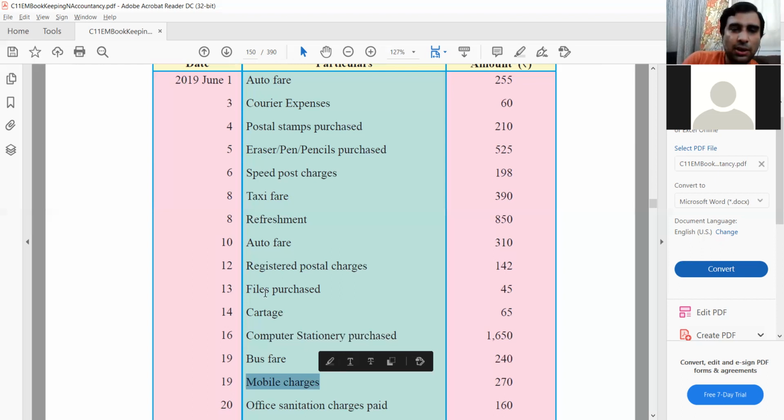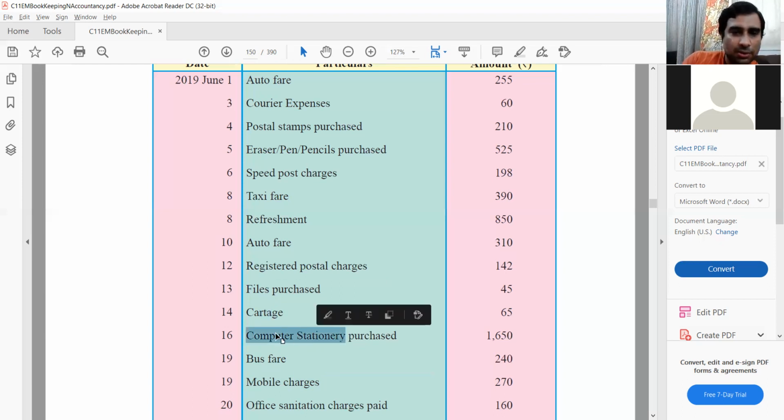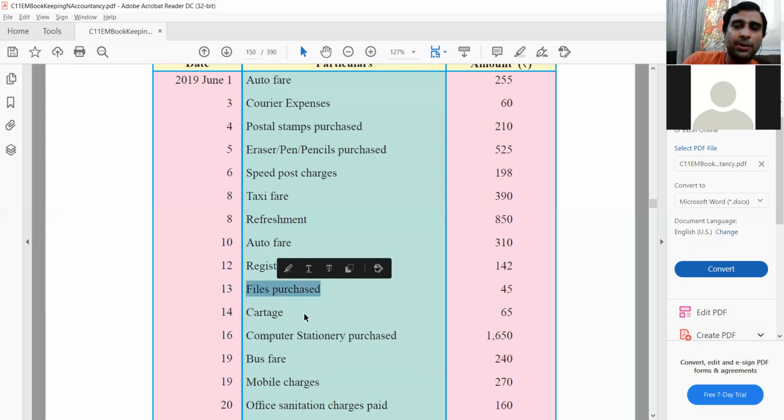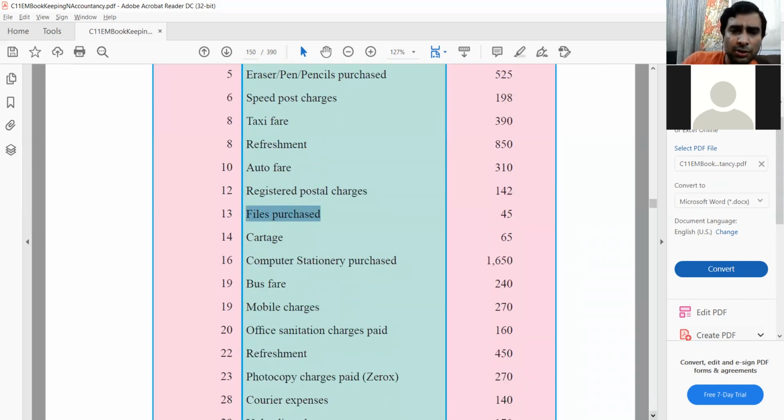Okay, cartridge. Cartridge means this is printing and stationery, what we call commonly. So printing and stationery, computer stationery. This is again printing and stationery. Files purchased, according to me, again, this is printing and stationery. Now this is obviously a little bit where you have to know what your syllabus expects from you. Photocopying charges, again, I call this printing and stationery, right?